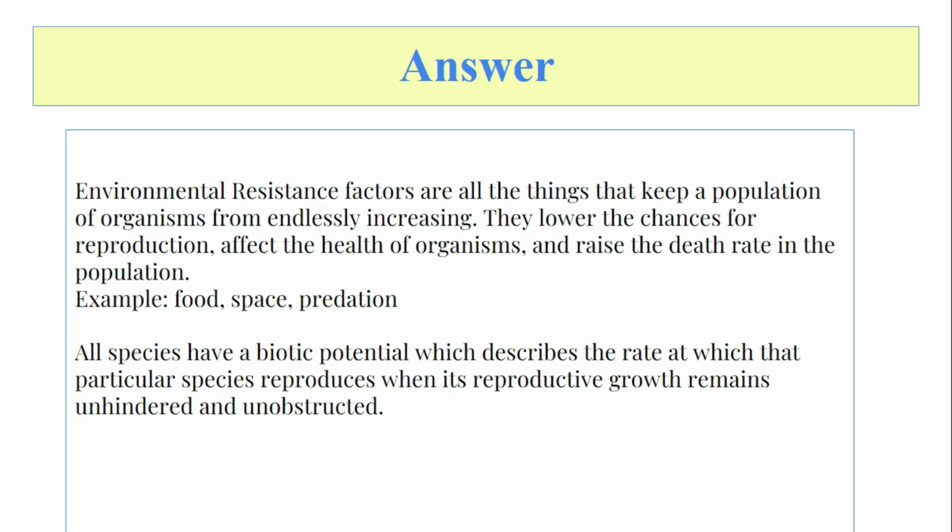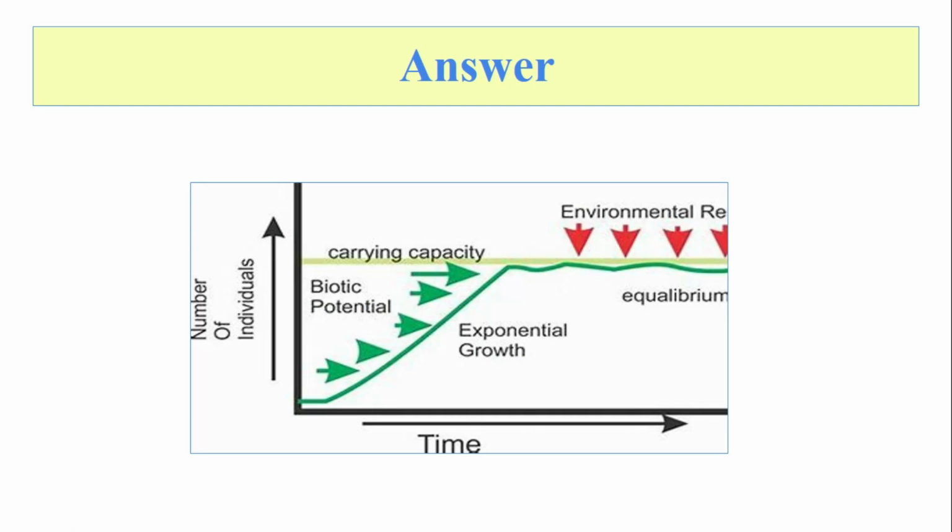Alright, let's move on. This is a diagram that shows you environmental resistance. Environmental resistance is up here. On this axis here, we have the number of individuals.